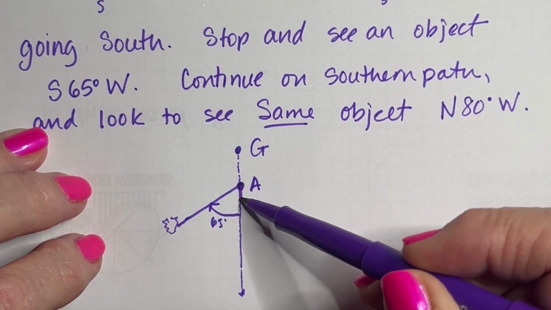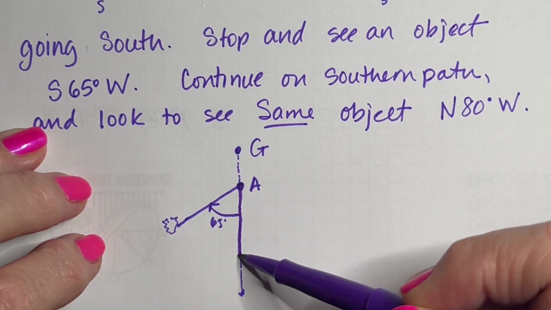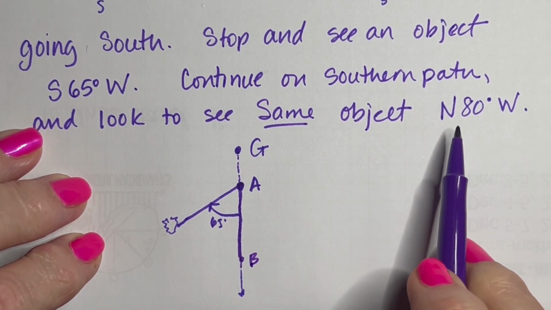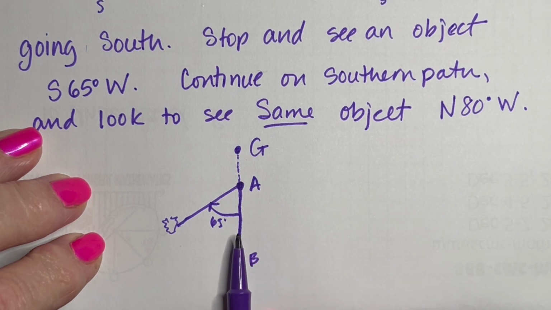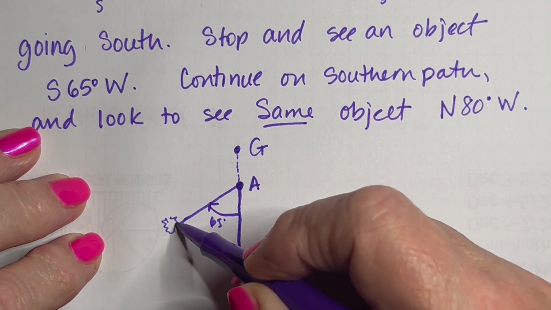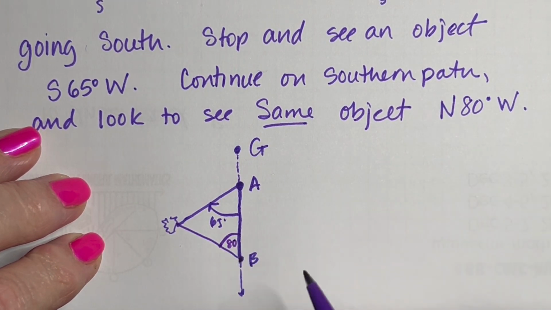I continue on my pathway, going down, down, down. And at some point, I stop again, and I'll call this point B. And it says this time, even though I'm traveling to the south, I turn behind me and look north and turn 80 degrees to the west, and I see the object again. Now remember, this means I turned 80 degrees to the west.